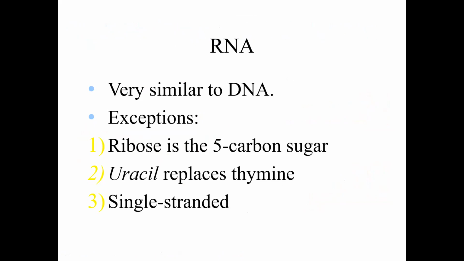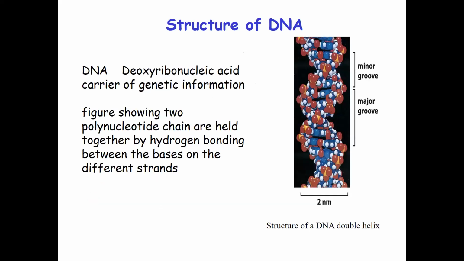If you are asked what are the major structural differences between RNA and DNA: RNA contains the ribose sugar, DNA deoxyribose, and uracil replaces thymine. That means in DNA thymine, and in RNA uracil, and RNA is single-stranded.